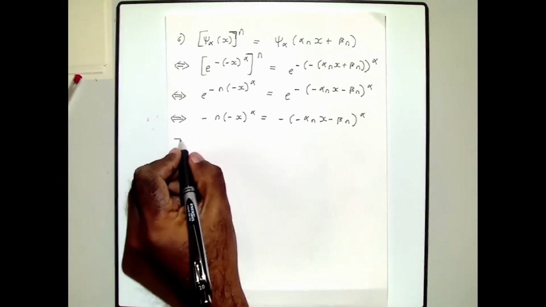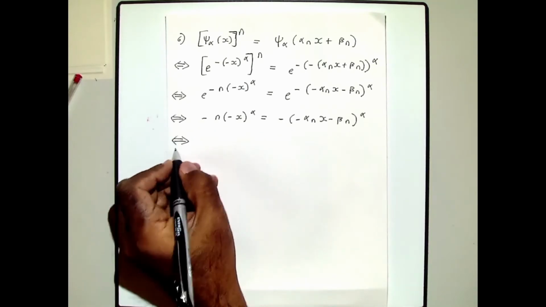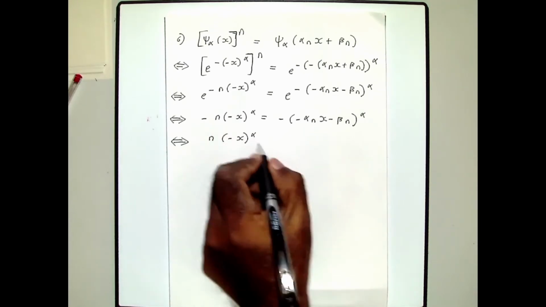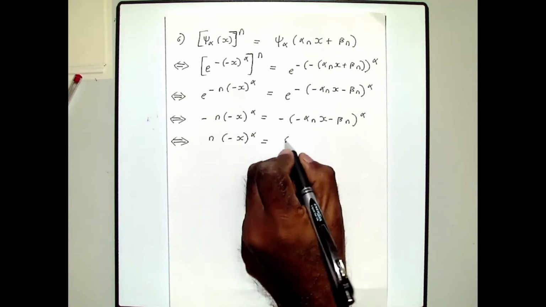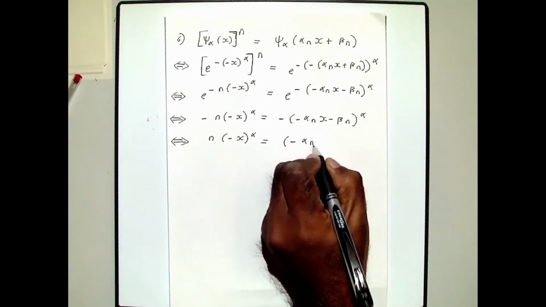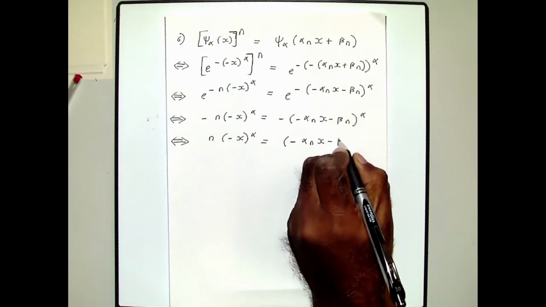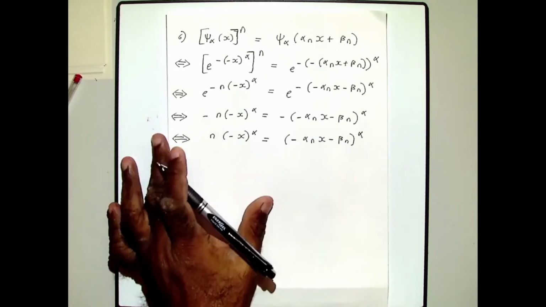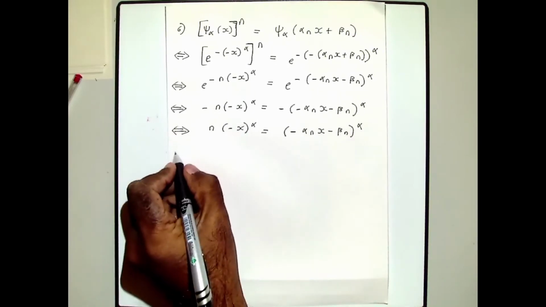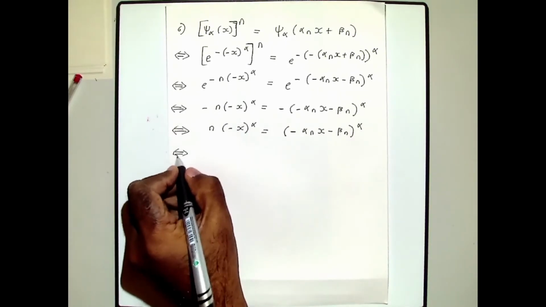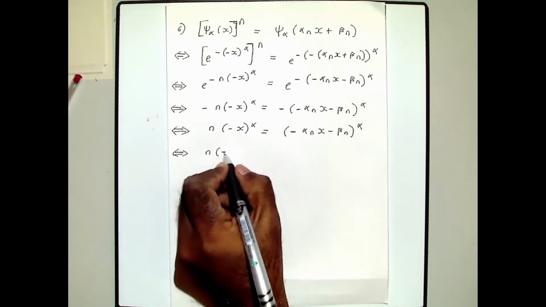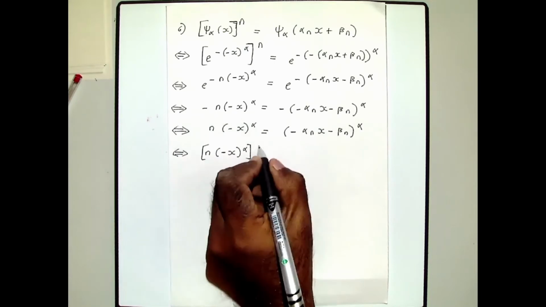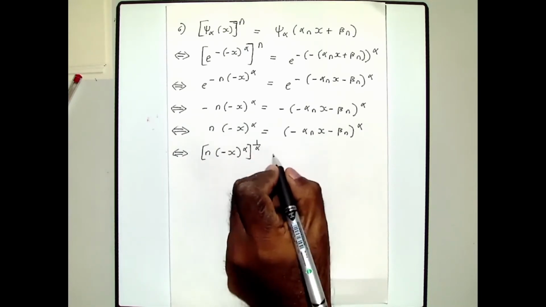So you get n... Next I'm going to take the power 1 over alpha on both sides.